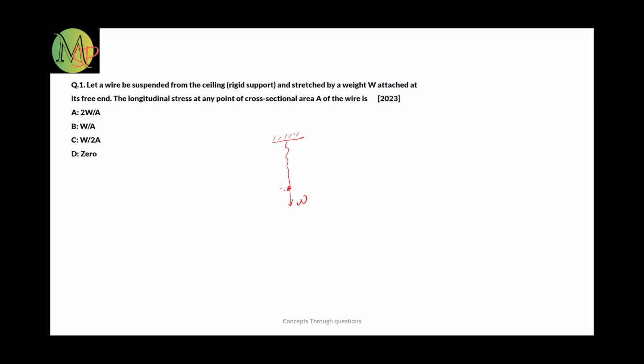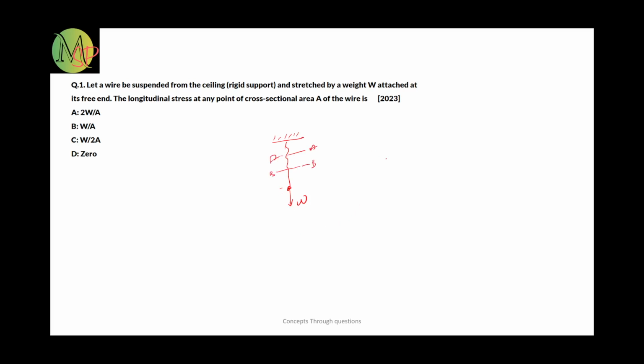This is the free end. The longitudinal stress at any point of cross-sectional area A of the wire, this may be cross-sectional area A or this may be cross-sectional area B. Okay, this is the uniform cross-sectional area. So what is the longitudinal stress?